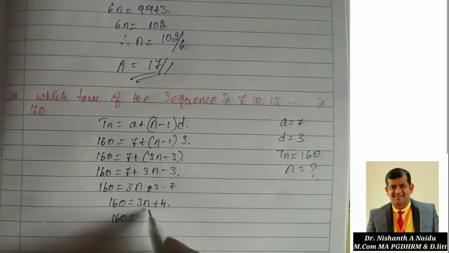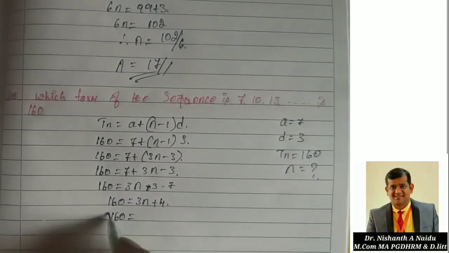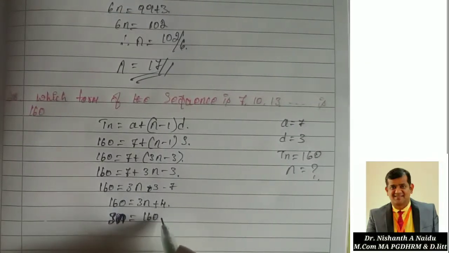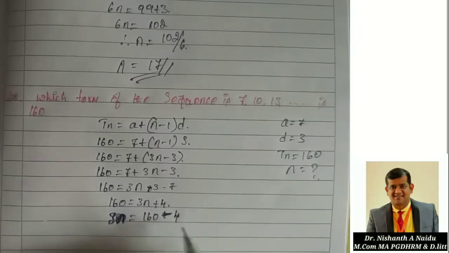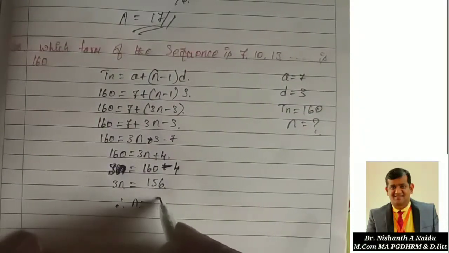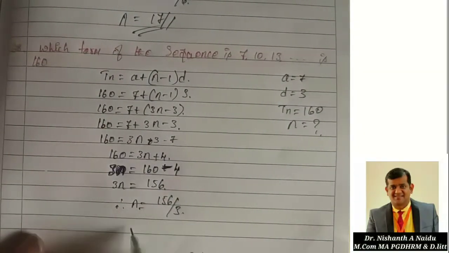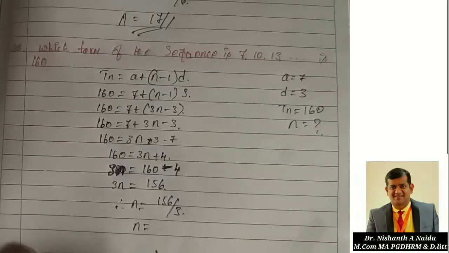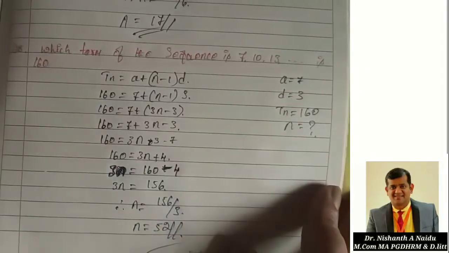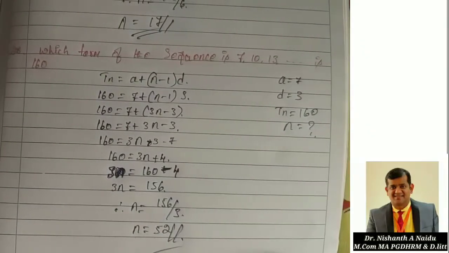Now we have to bring the 3n outside. So 3n equals 160 minus 4, that is 3n equals 156. Therefore n equals 156 divided by 3. So n equals 52. Okay, I'm done with problem number 28.